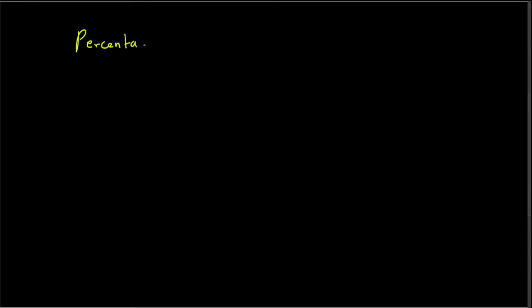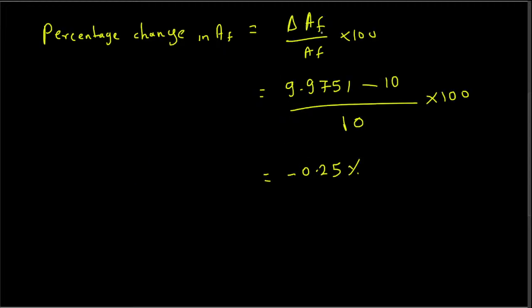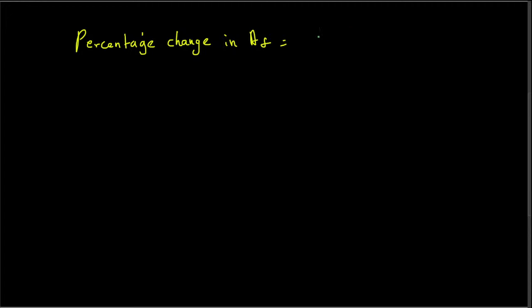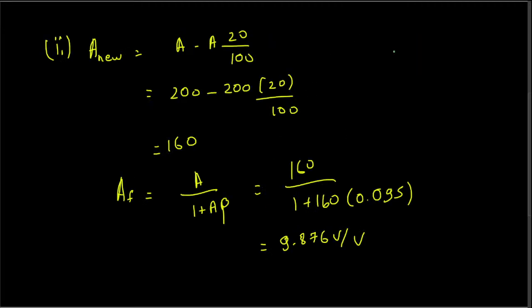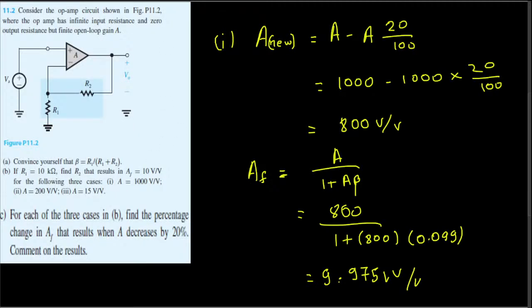Now we have to find out the percentage change in AF. That's going to be delta AF over AF times 100. Delta AF is nothing but the value we found out here, that is 9.876, minus the value provided to us, that is 10.